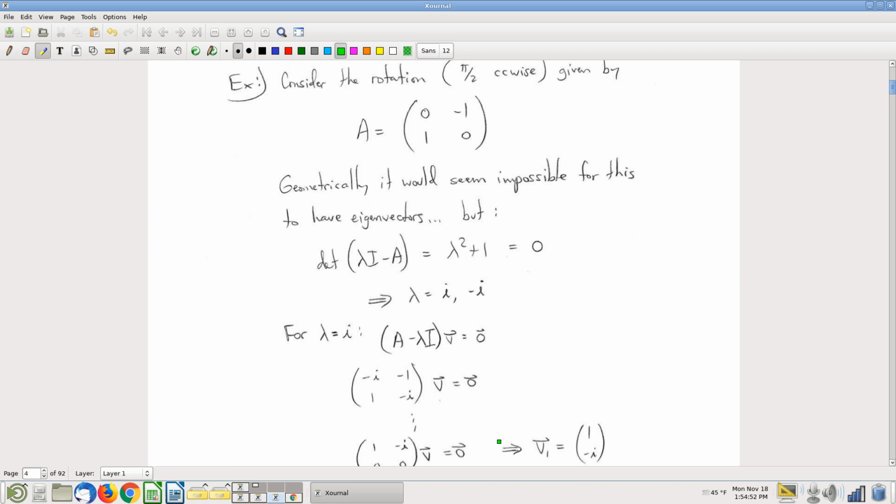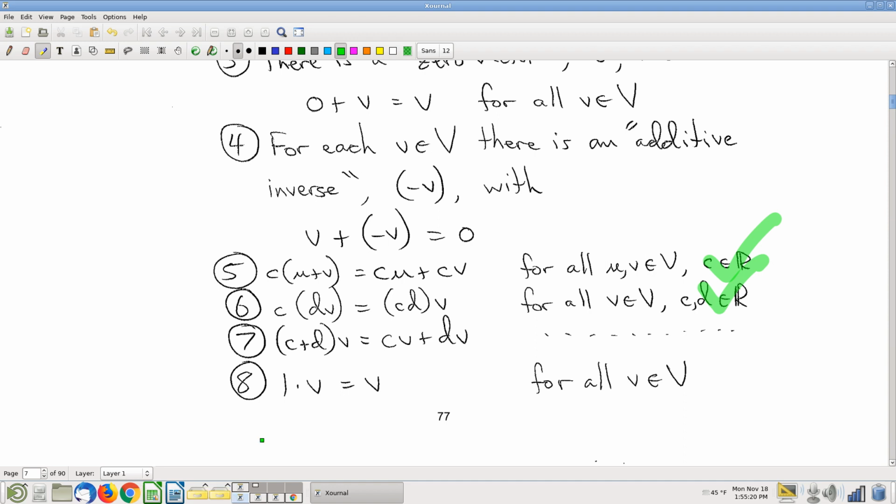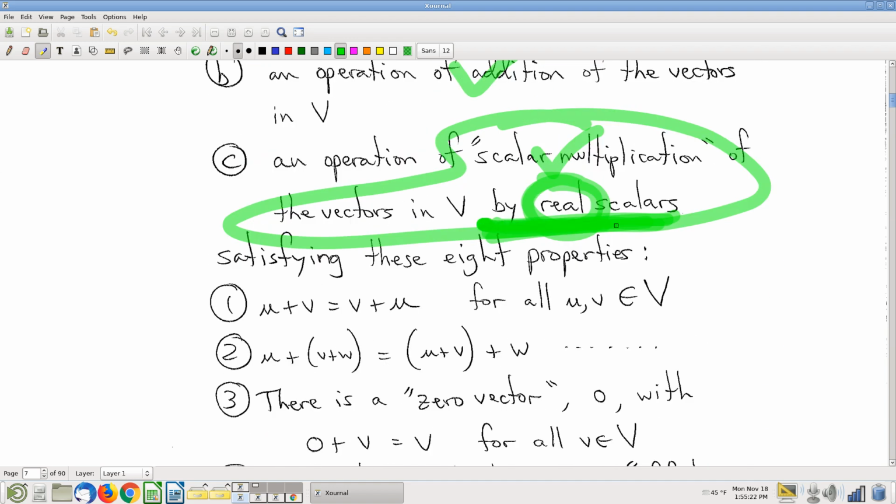Well, the problem is that we were talking about Av = λv. These vectors v were supposed to be vectors in R^n, right? And now they're not, and furthermore, you can see here as well, I'm multiplying them by complex scalars, violating the rule again that we set here that the scalars are supposed to be real.